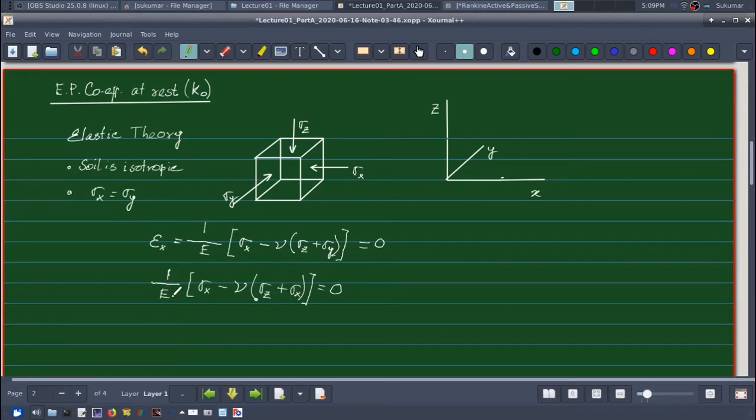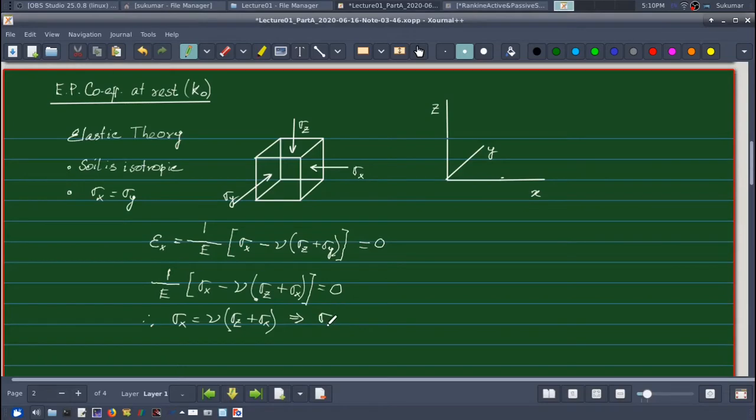Now since E cannot be 0, therefore the terms within the square bracket must be 0 for no lateral strain, and therefore I can write that sigma x must be equal to nu times sigma z plus sigma x, and therefore I can solve it for sigma x.